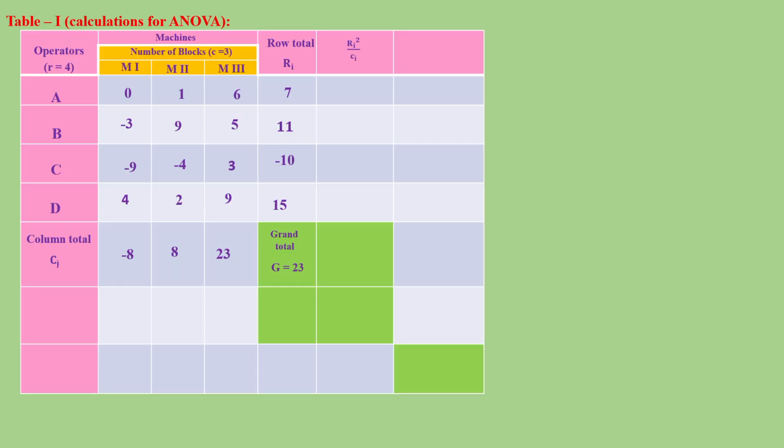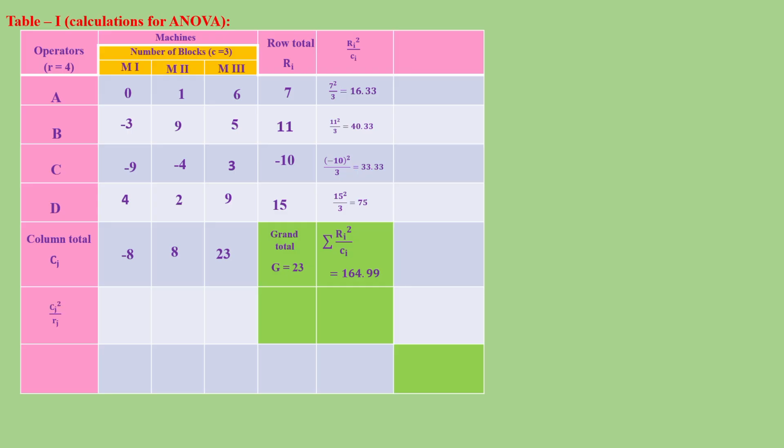So first 7 square by 3, 16.33. Then 11 square by 3, 40.33. Minus 10 square by 3, 33.33. 15 square by 3, 75. Then the sum of Ri square by Ci is equal to 164.99.